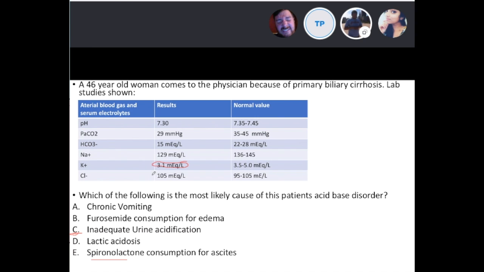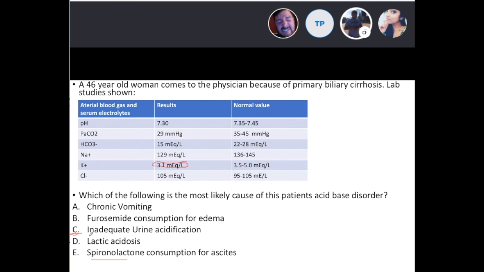But wait, how is inadequate urine acidification the answer? I don't understand that. I didn't either, but I basically understood that the side effects of spironolactone would cause this to be higher, so that's the only one that made sense.